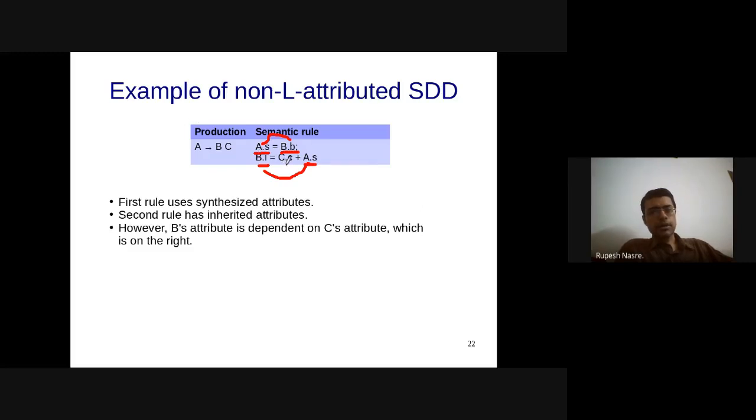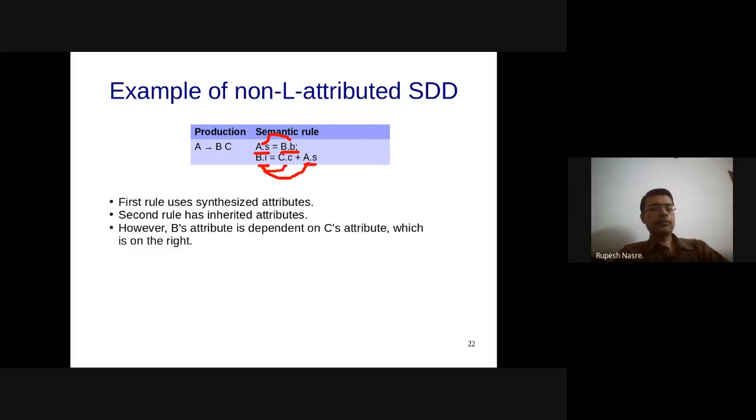B.C to B, there is a dependence from C.C, which is on the right hand side, and therefore according to this we have inherited attribute usage. So this is definitely not an L-attributed SDD, because there is dependence from the right hand side, because we said that for L-attributed we need it coming from above as well as coming from the left hand side non-terminals.